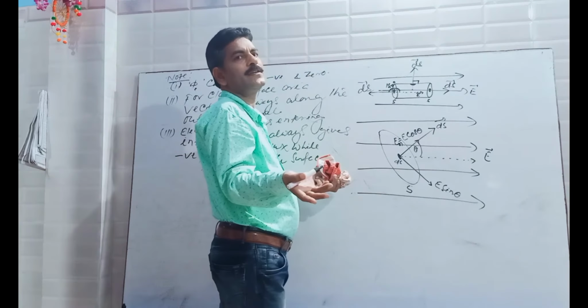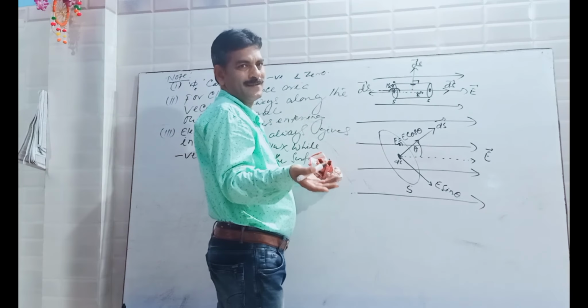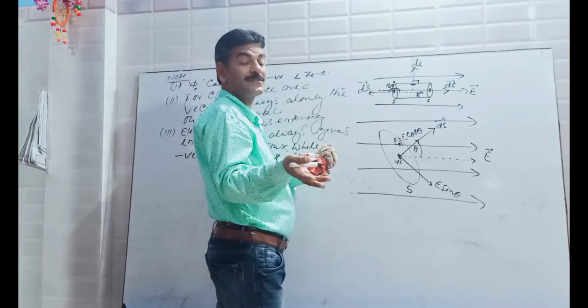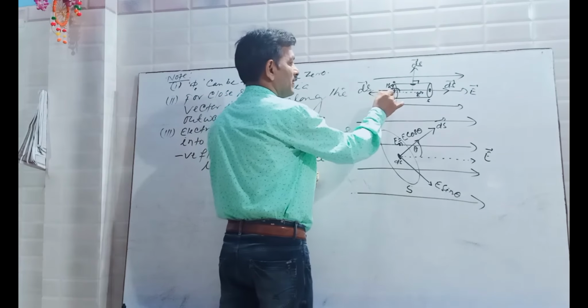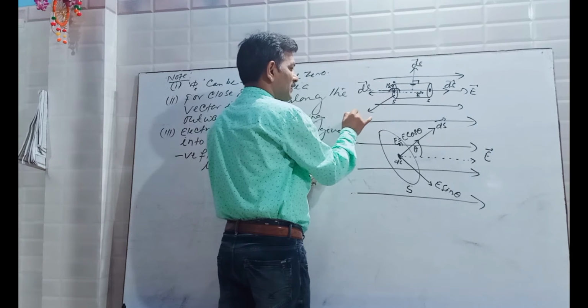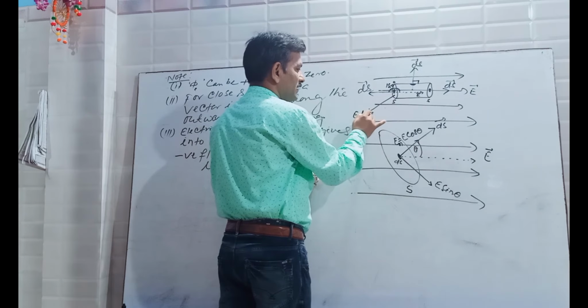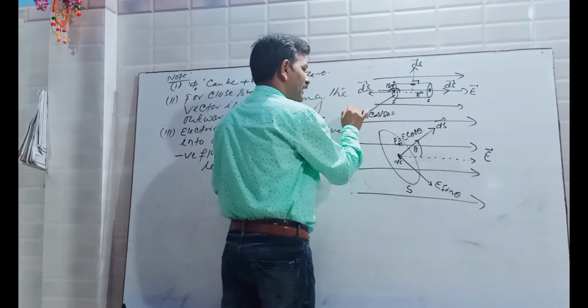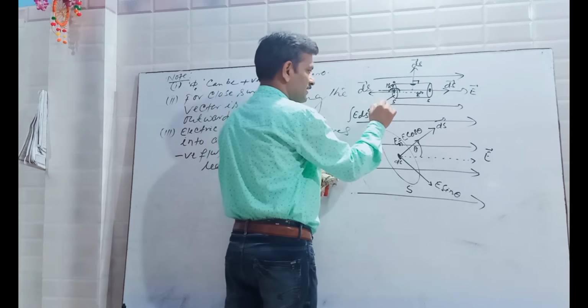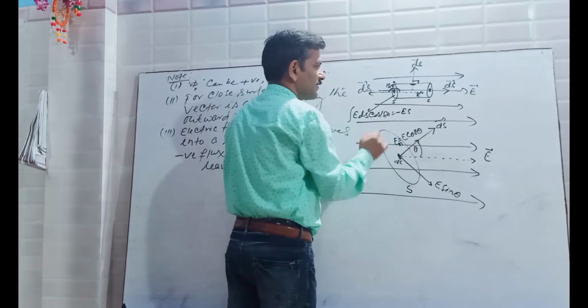So flux is E dot dS, E dS cos 180. So integration, the surface is S, so it will be minus ES.